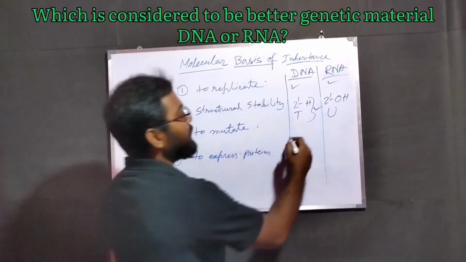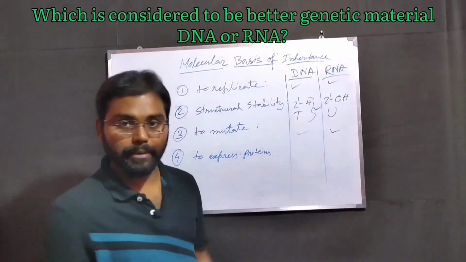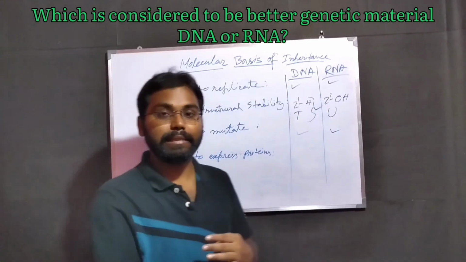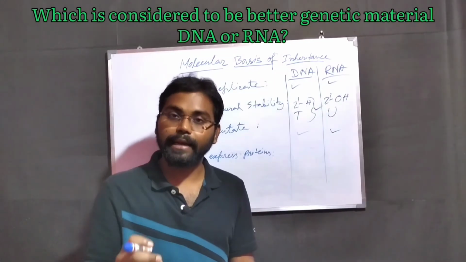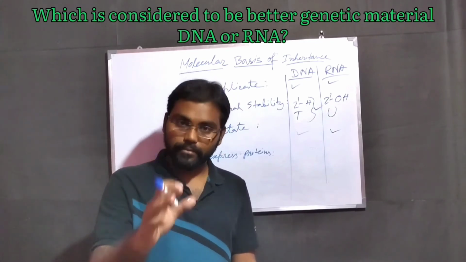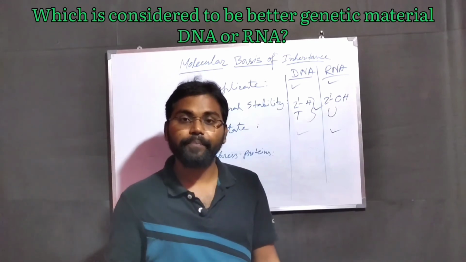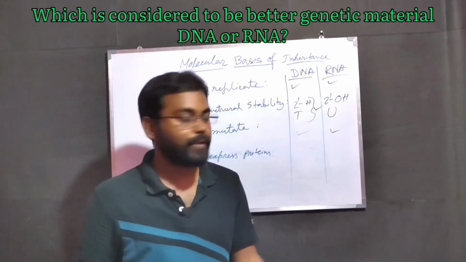The third criterion is the ability to mutate. Both DNA and RNA can mutate, but as RNA is more unstable, it can mutate easily. Those who have RNA as their genetic material, like viruses, for example corona or HIV, can mutate easily for this reason.